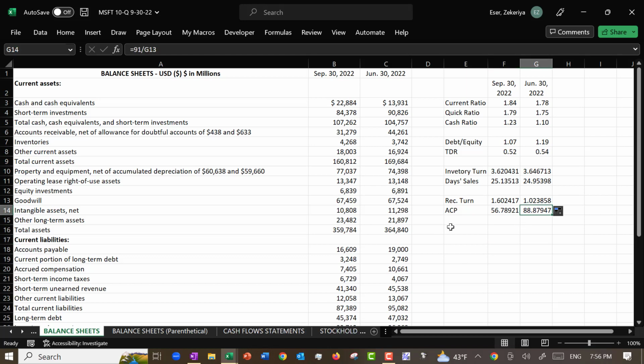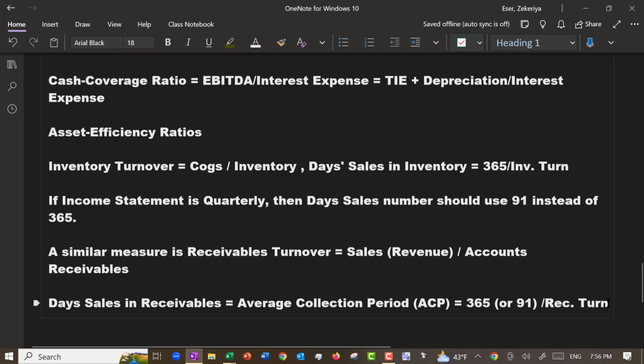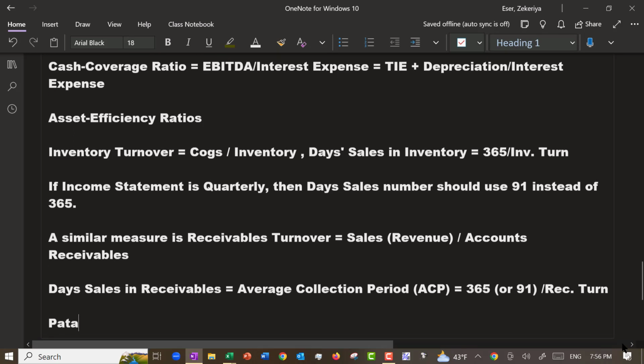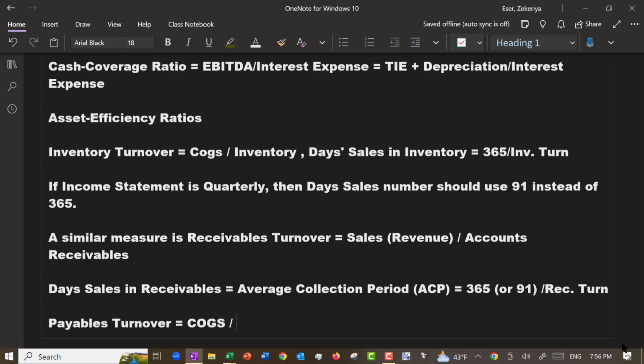Even though it's not an asset measure, payables turnover is also interesting. This is cost of goods sold divided by accounts payable. These are trade credit that was extended to you. And similarly, days sales in payables.